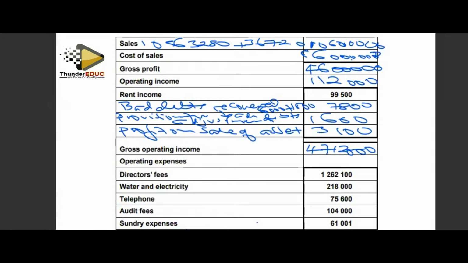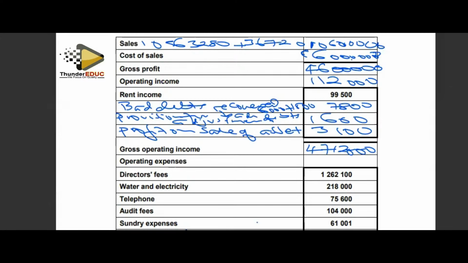We have the 1,280,000 plus 9,100, which was given as the net pay.